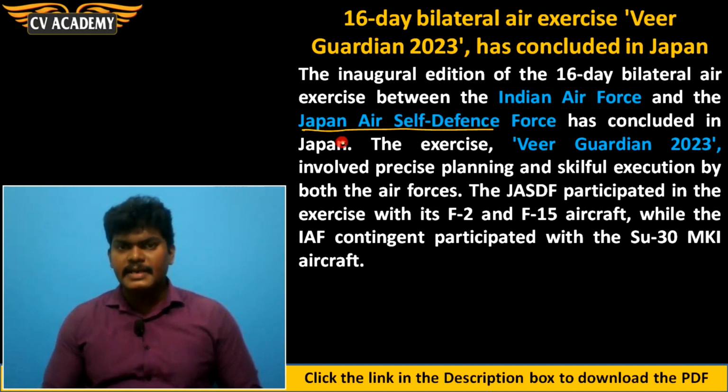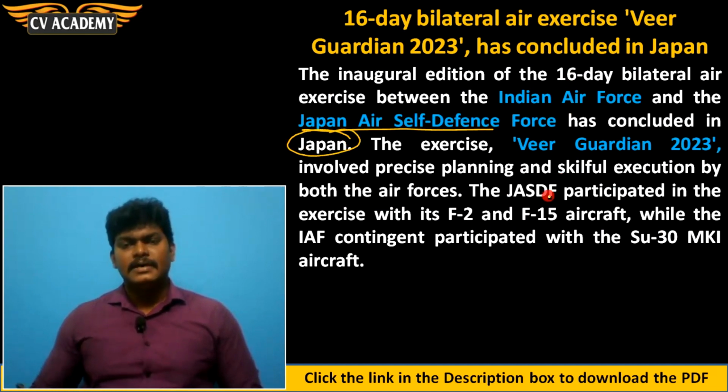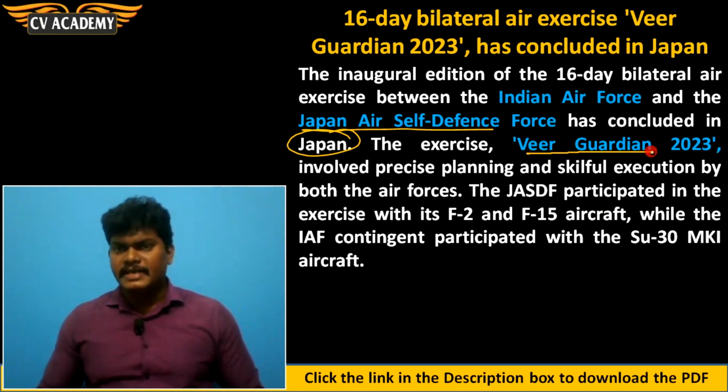In this exercise, the Japanese Air Force will showcase their aircraft, and the Indian Air Force will also showcase their fighter aircraft. The joint exercise is named Veer Guardian. This year also we have conducted the exercise. Veer Guardian 2023 will be for a 16-day period, and it has started in Japan.